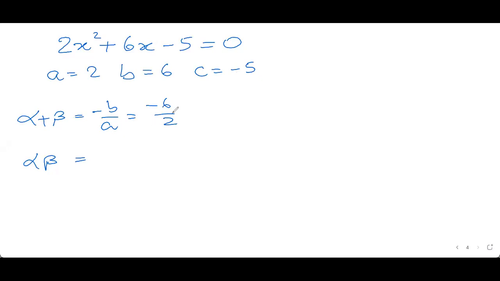And when we simplify this, this will come to minus 3. 6 divided by 2 is 3. Minus 6 divided by 2 is minus 3. Alpha into beta will be C by A. Now C is minus 5. This is 2. Got the answer. Alpha plus beta and alpha multiplied by beta. Sum and product.